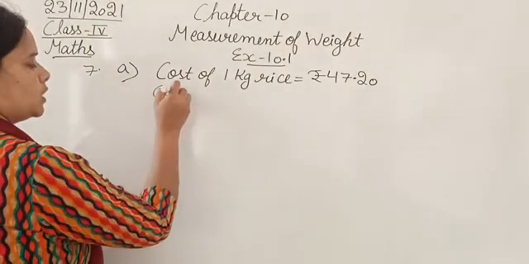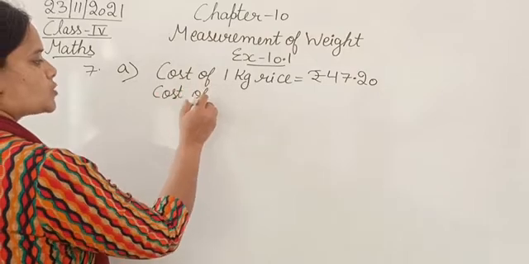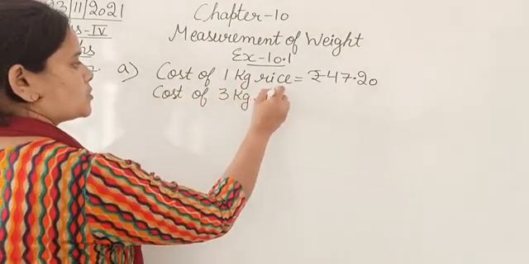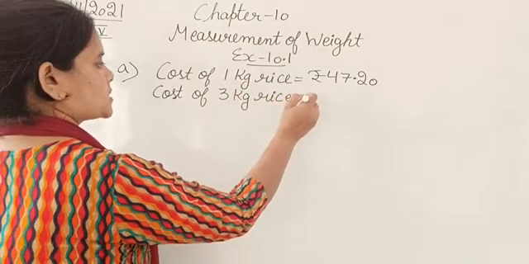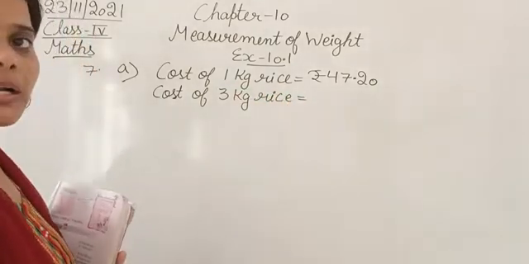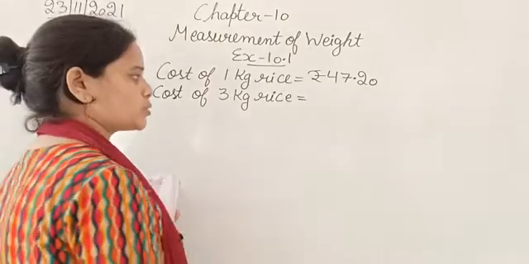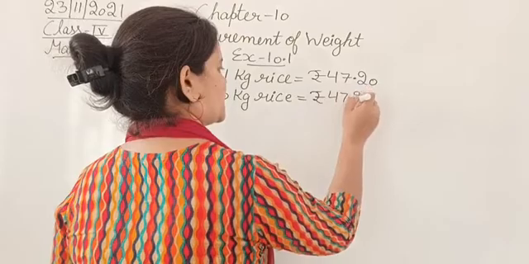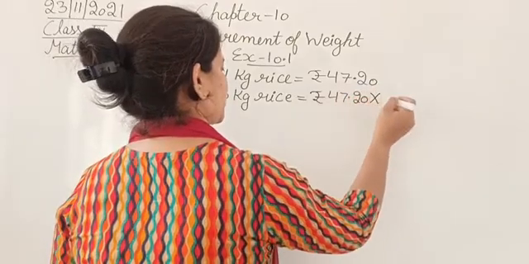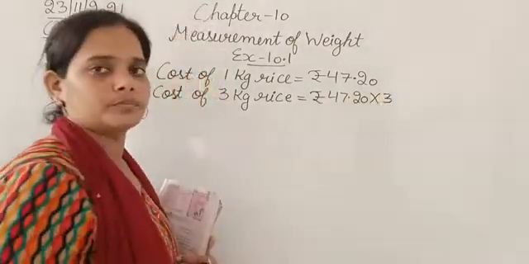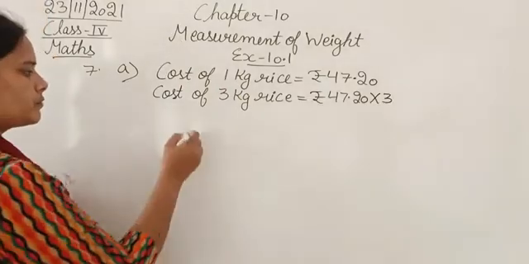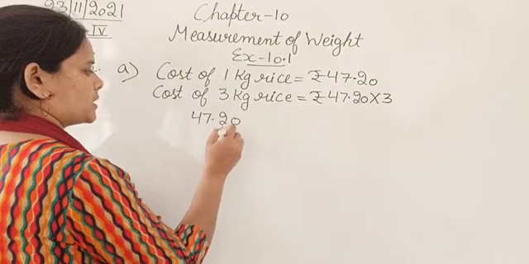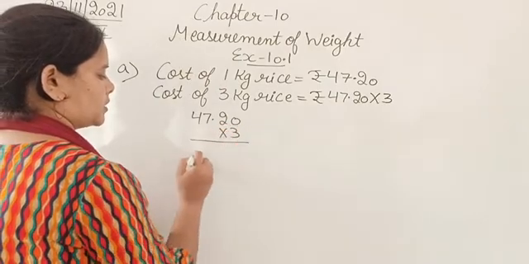Next, we need to find out the cost of 3 kg rice. So the cost of 3 kg rice, we will find out by multiplying the cost of 1 kg rice with 3. So 47 rupees 20 paisa multiplied by 3.